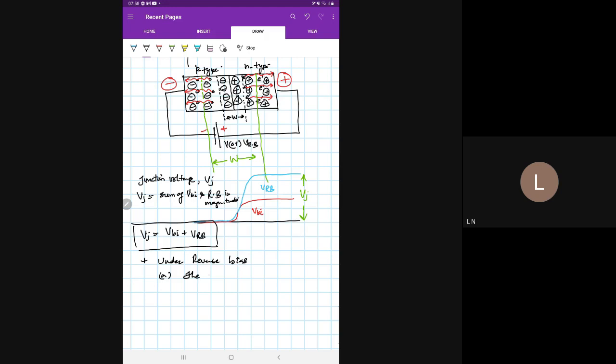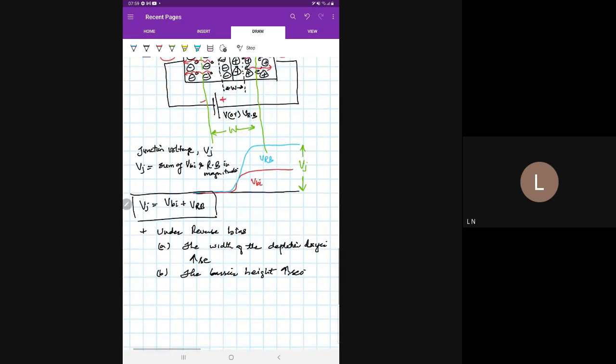One is the width of the depletion region or depletion layer increases. The second thing is the barrier height also increases.